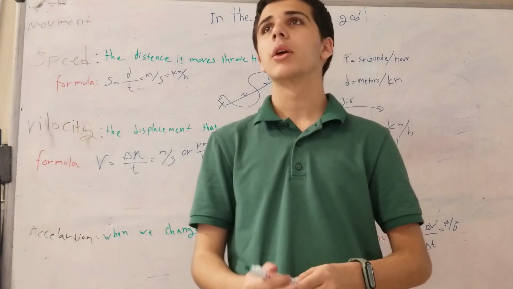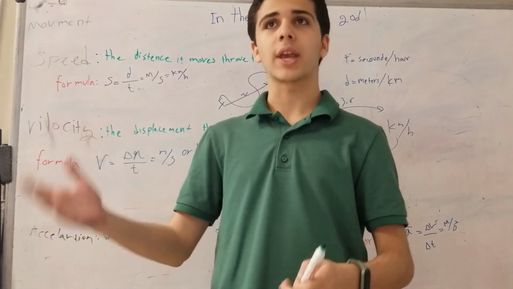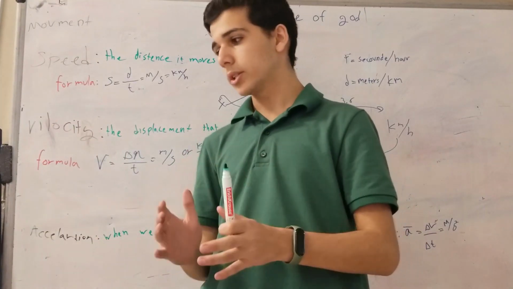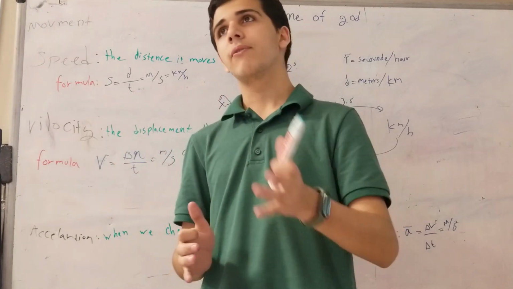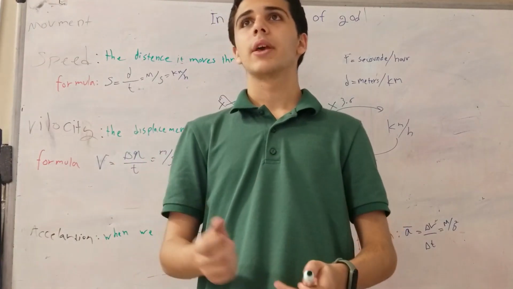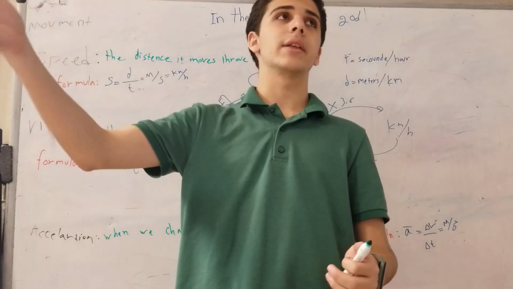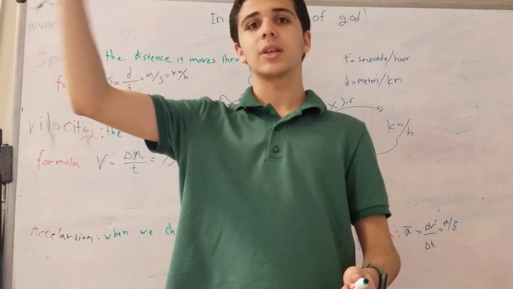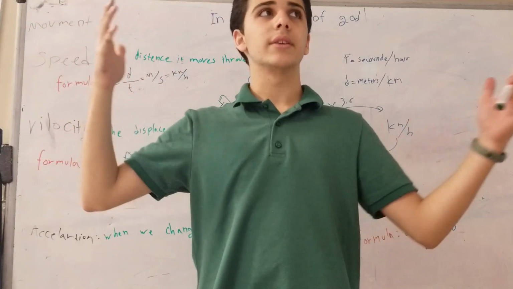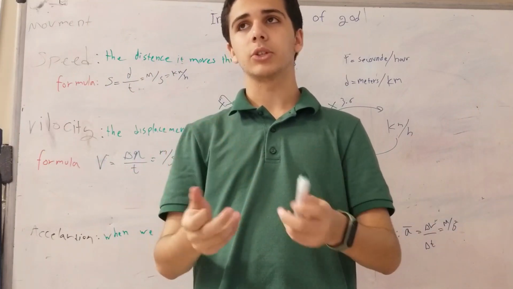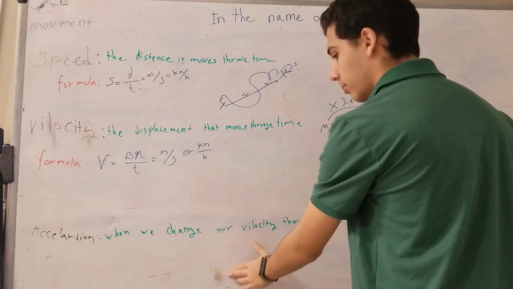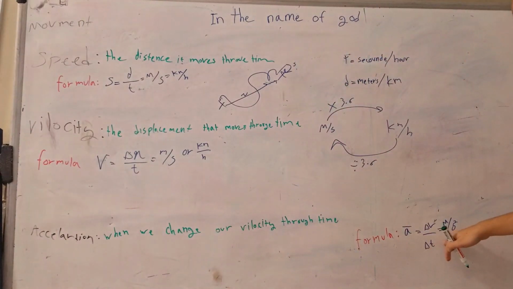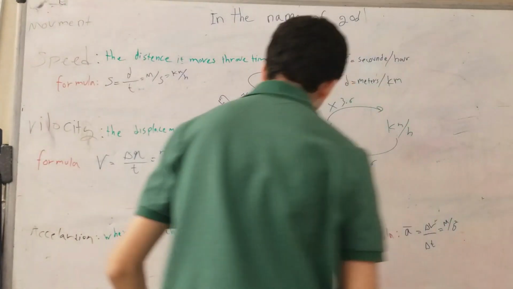For example, we go 5 meters per second at 3 seconds, and at 10 seconds we go 7 meters per second. This is how we measure it. Now I wrote the formula right there, but this is how it works.